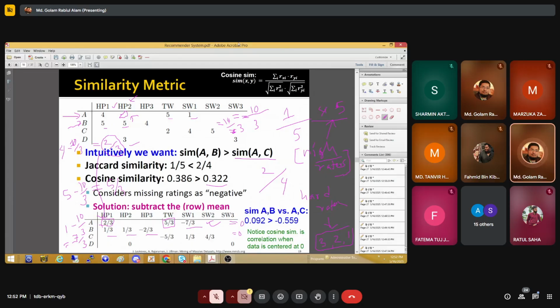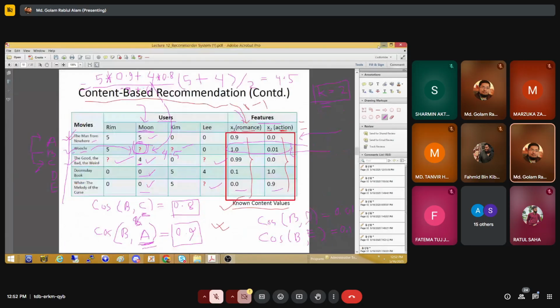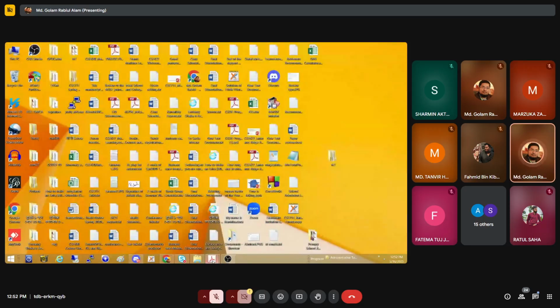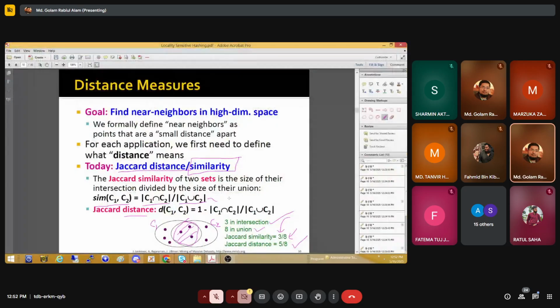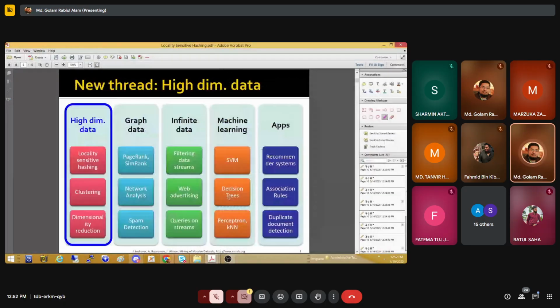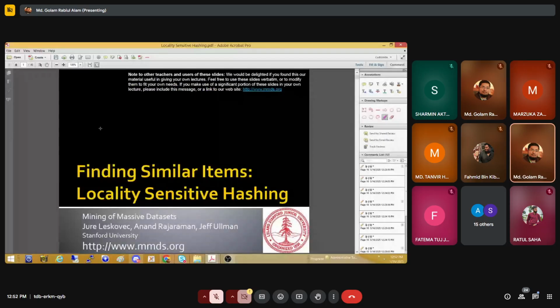But if we have a large data set, how can we measure the similarity in that case? That is dealt with by locality sensitive hashing, the LSH.